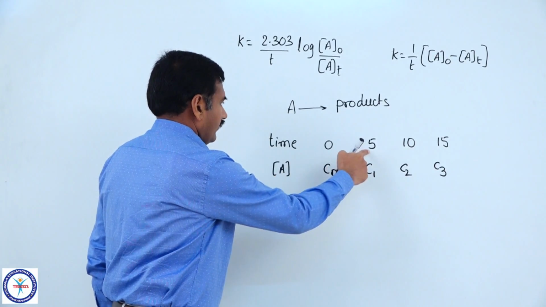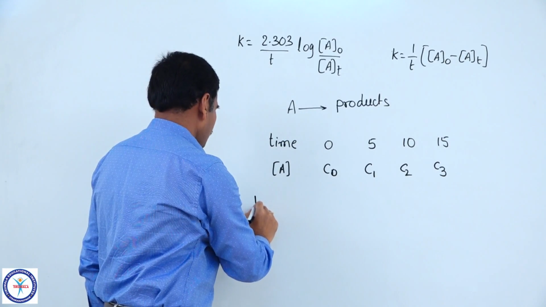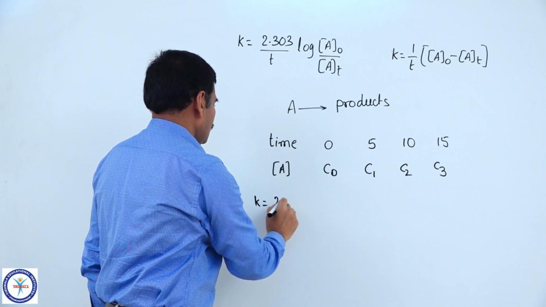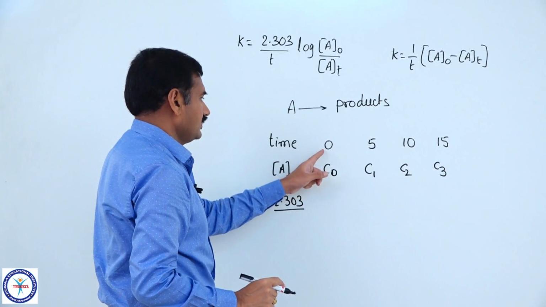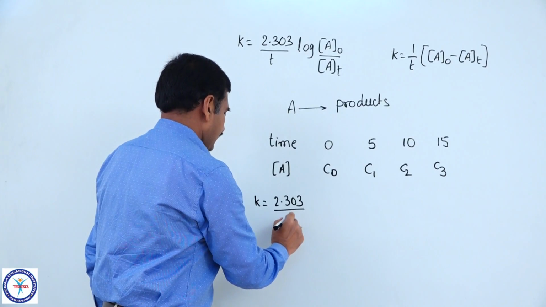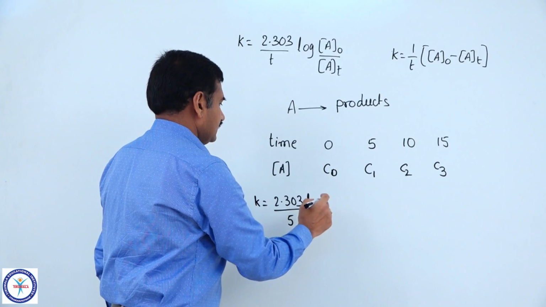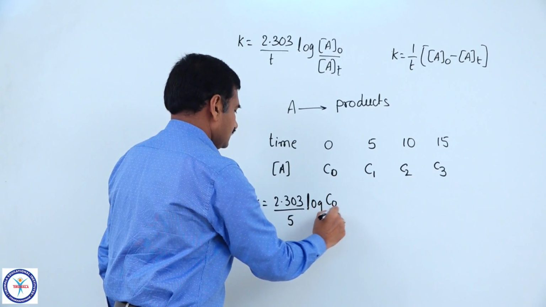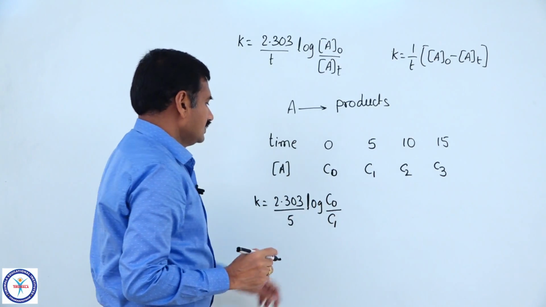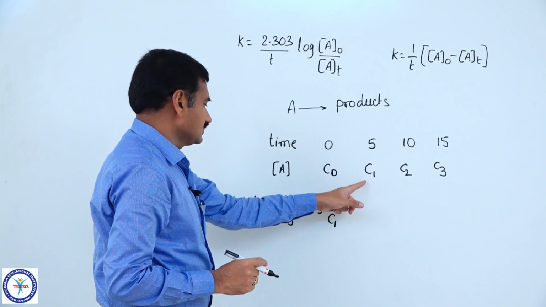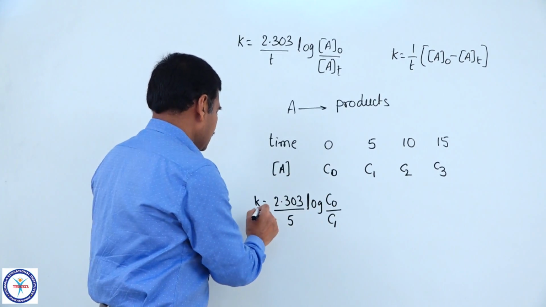From 0 time to 5 minutes, to find the K value we substitute K equal to 2.303 divided by the time interval, from 0 minute to 5 minutes, that is 5, into log of concentration of reactant initial C0, at a time t equal to 5 minutes it is C1. So C0 is known to us, C1 is known to us, 5 is substituted, we get one value of K, let it be K1.